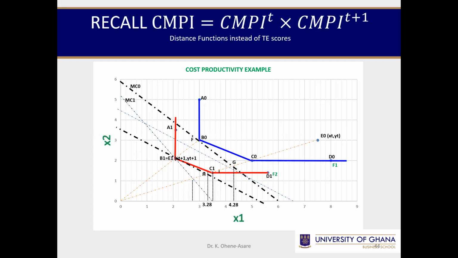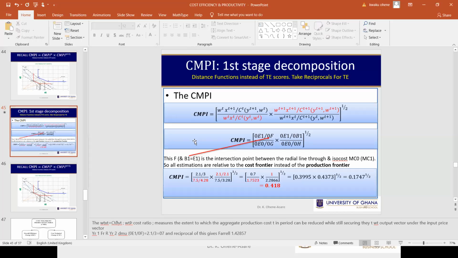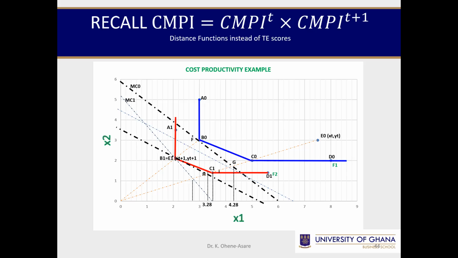What would that be? It's obvious. OE1. That's for the firm. Over what? OB1, OB0, over O... Over what? OF.